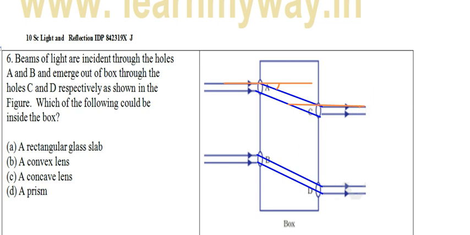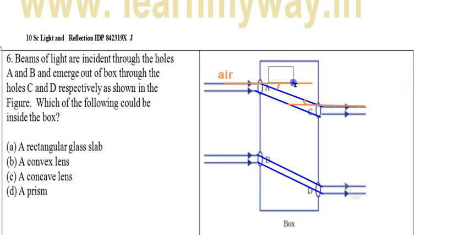So what happens? This angle, let us say this angle, is again going to change into 90 degrees, because here it is moving from air to the medium, and this medium is glass. So from air it is moving to glass, and from glass again it is moving out to air.